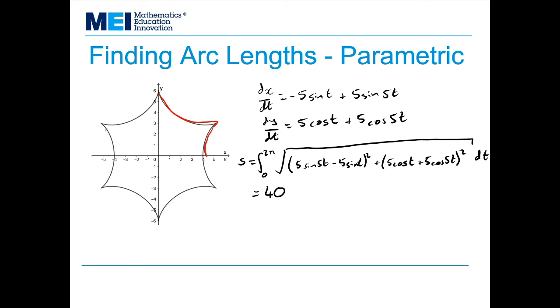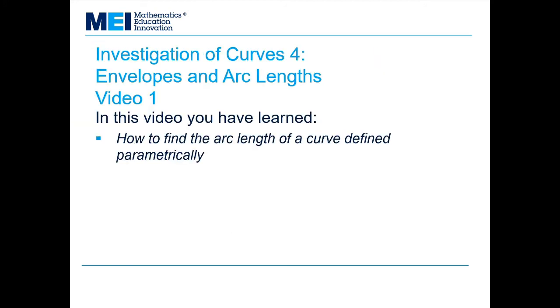Or alternatively, I could have found this section here, or one of the ones like it, and then multiplied it by 6. So if you can spot an integral that you can do with part of the curve and then use the symmetry, you can do that as well. In this video, you've learned how to find the arc length of a curve defined parametrically.